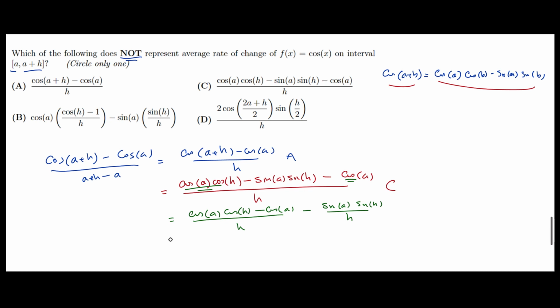That looks very familiar to that one. Factor cosine of a out. You end up with, and sine of a in here, sine of h over h. So something that you notice, this is b, by the way, so the answer is going to be d.